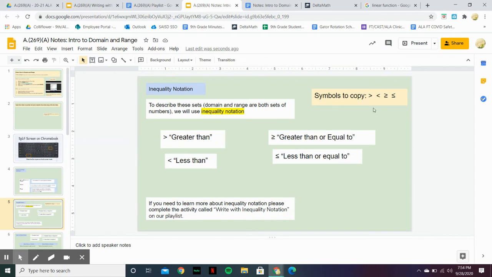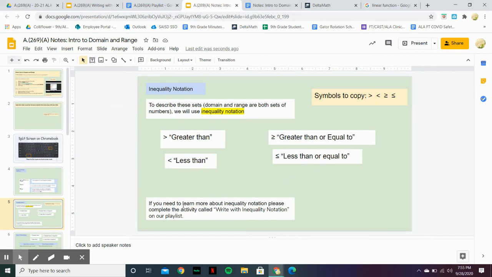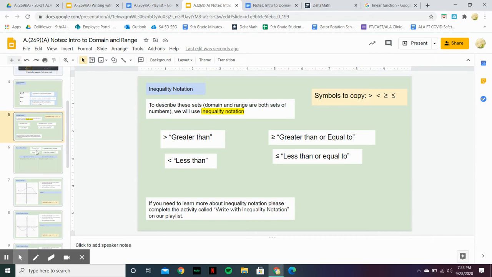And throughout this slide deck, you're going to see these symbols to copy and paste. You can also insert them as special characters, but for now we can just copy and paste them. If you need to learn more about inequality notation, please complete the activity called Write with Inequality Notation that is on our playlist. I'm not going to cover that in this video.